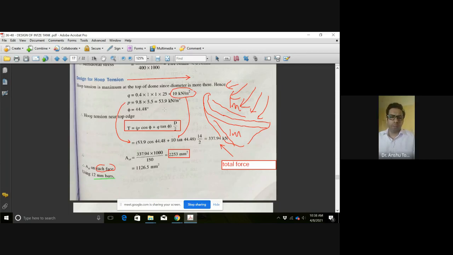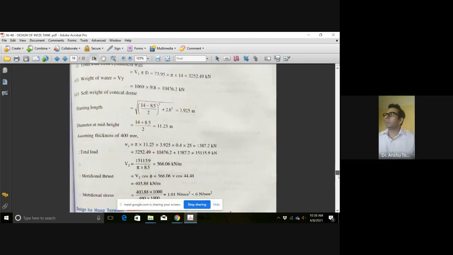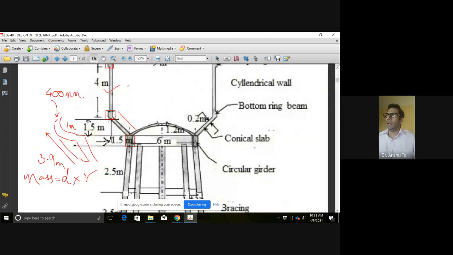P is going to be corresponding to the weight of the water, that is thrust or hoop stress coming due to water, lateral thrust which is coming due to water, that is the depth, because we are taking at the top of dome. So if I go back, it is here at this level.